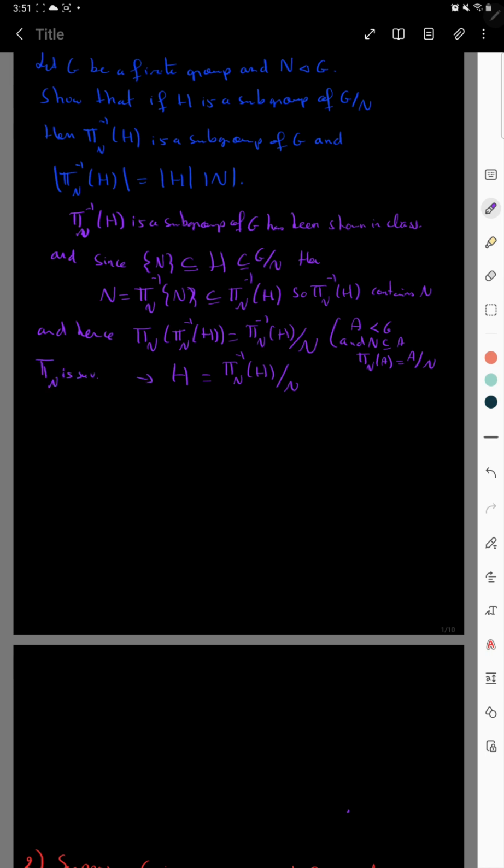This is really a set theory property. It doesn't have to do with homomorphism.